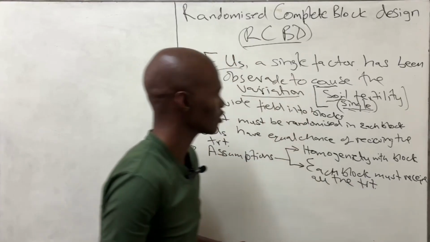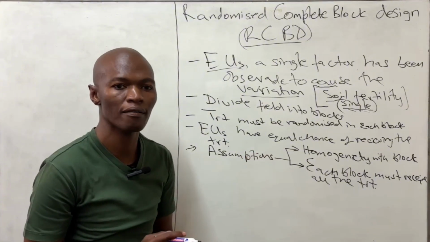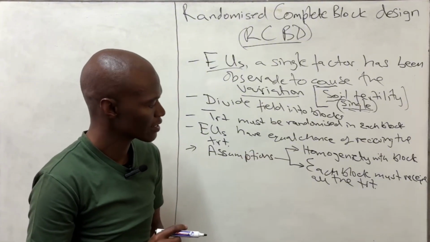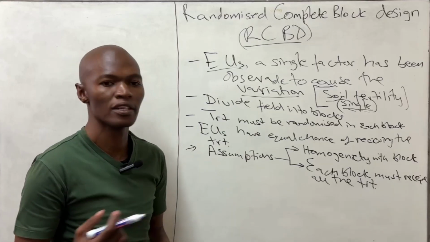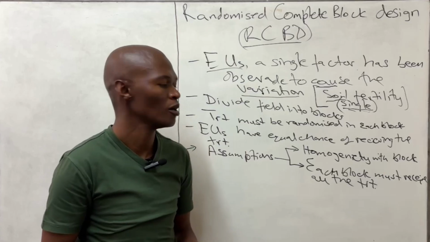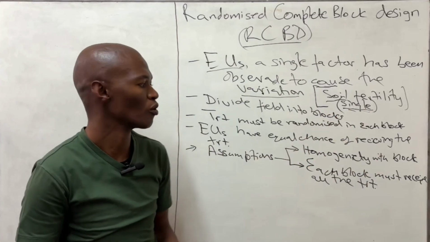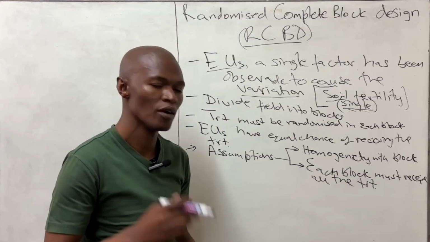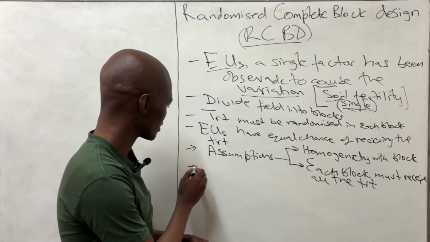You separated your blocks, so make sure that in all those blocks you will have all the treatments, so that when you are observing, you won't say this treatment is performing better because it was only on that block where the soil fertility is at this level. So make sure that all the treatments also appear in each block. Those are the two assumptions that we have.